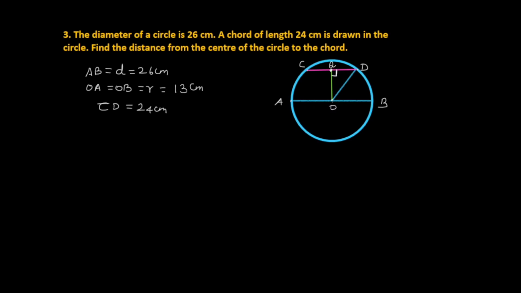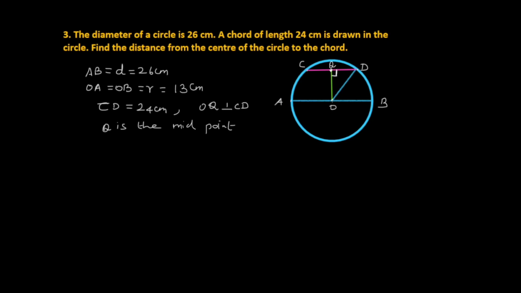So in triangle, length of CD is 24, means Q is the midpoint. Why? Because OQ is perpendicular to CD. Distance we are finding means that is definitely the perpendicular distance.